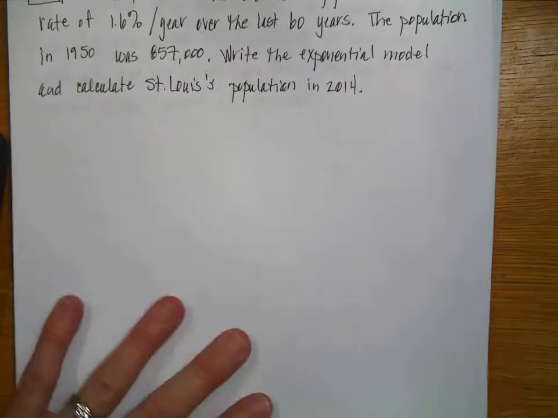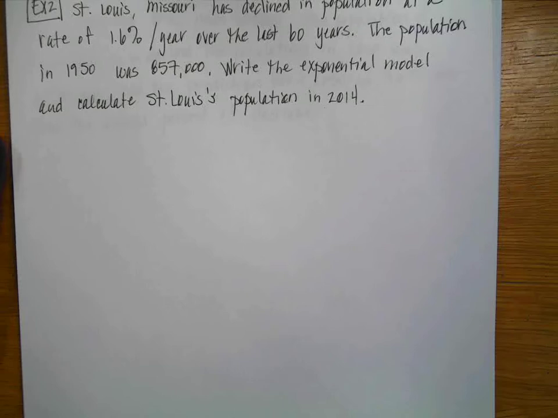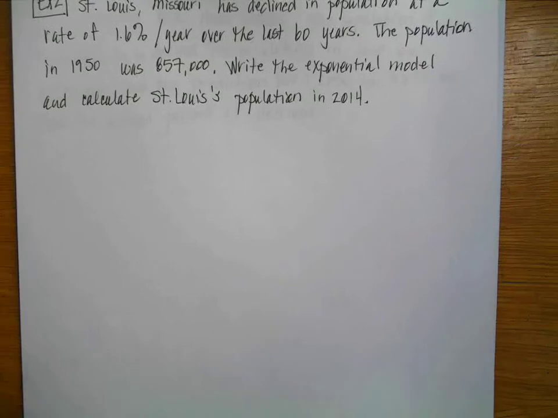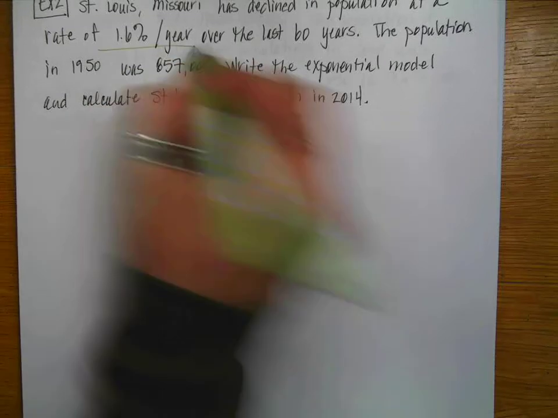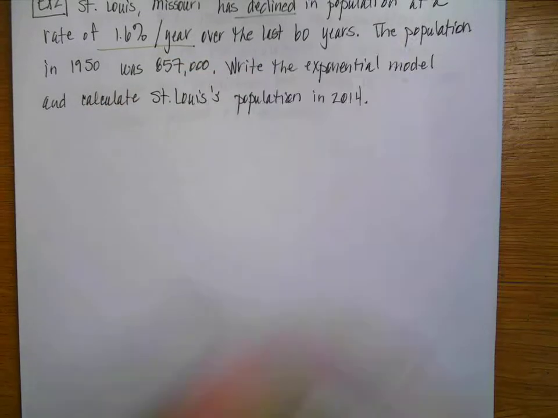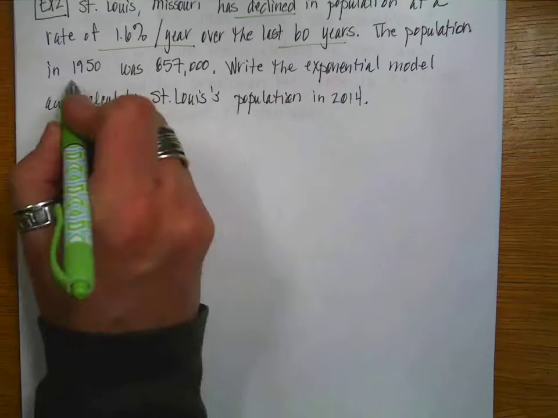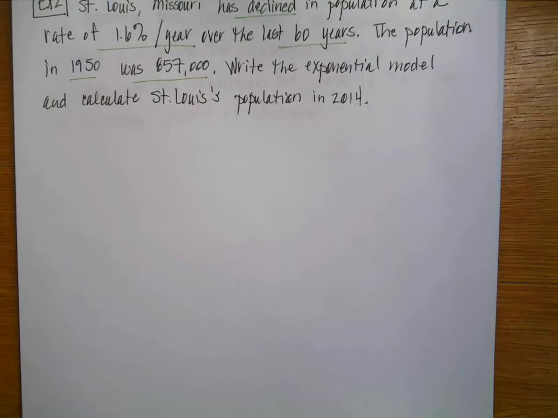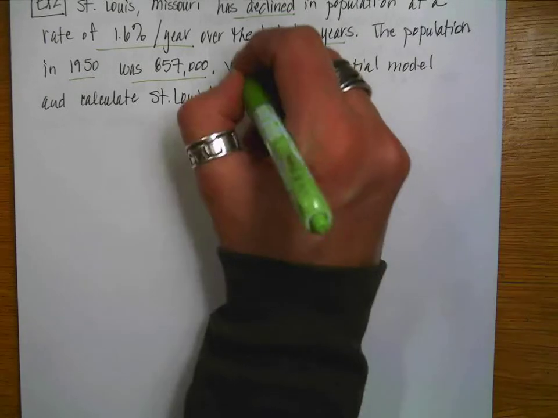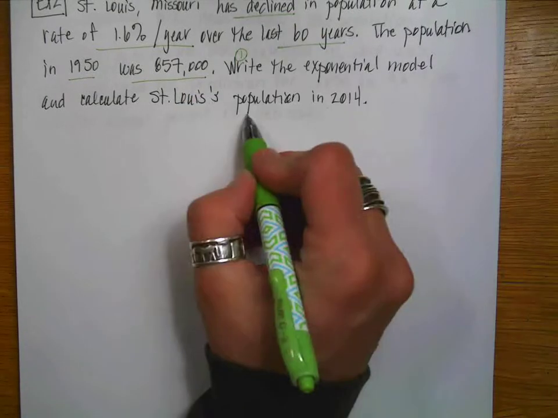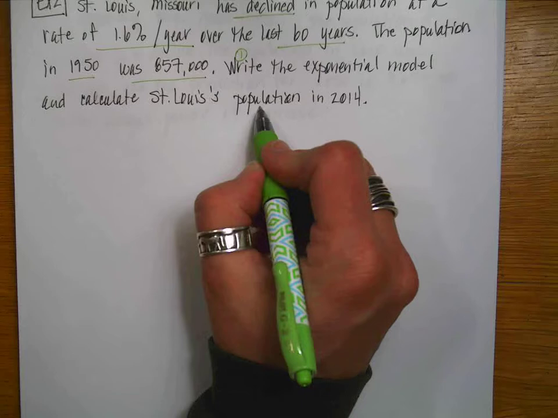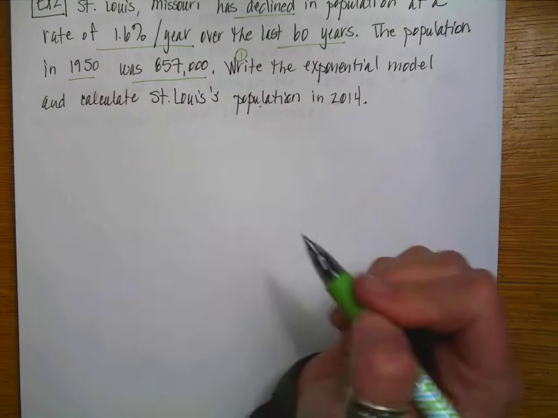Okay, so now let's do another example. In this one, our population is declining. So St. Louis, Missouri has declined in population at a rate of 1.6% per year, so I'm going to underline those two important things, over the last 60 years. The population in 1950 was 857,000, and I want to write the model, which is task number 1, and then I'm going to calculate the population in 2014.